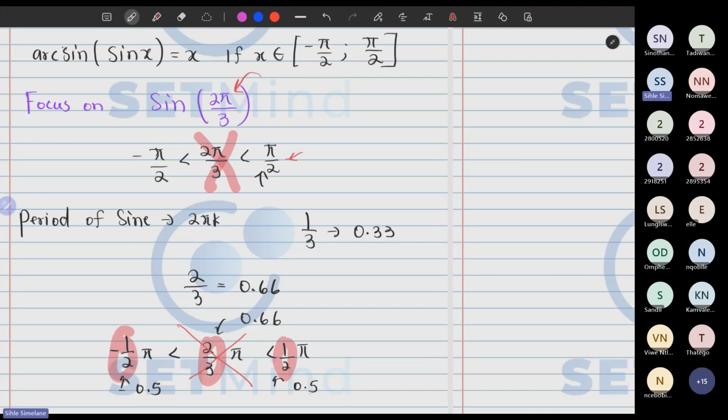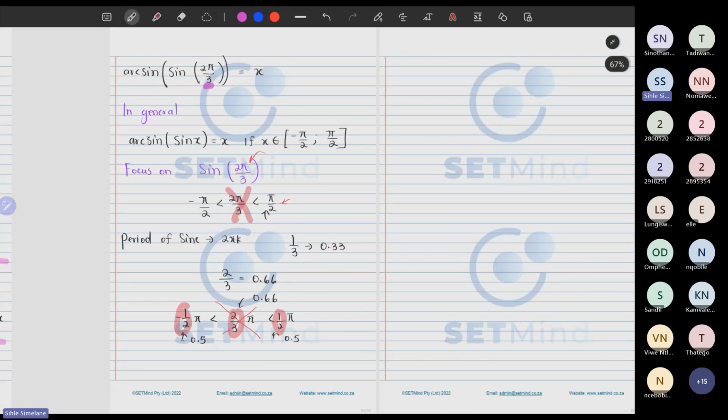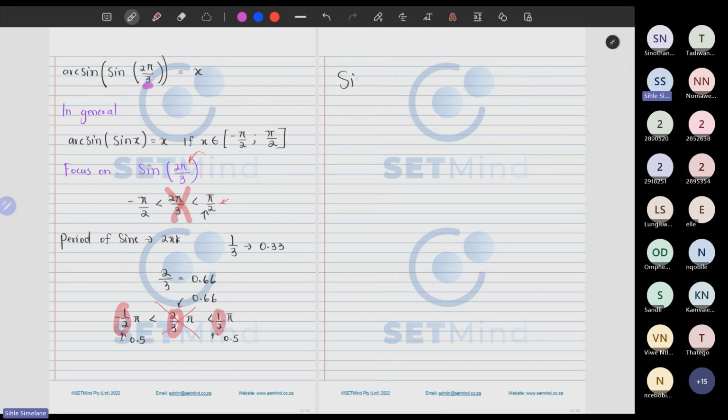That's what we were doing back in high school when we did k times 360. So sine of 2 pi over 3, if I say plus 2 pi k, I haven't changed anything. If I choose k equals negative 1, look at what happens.